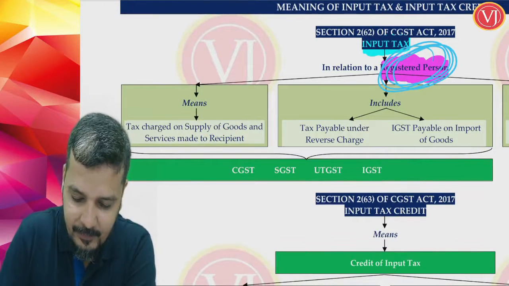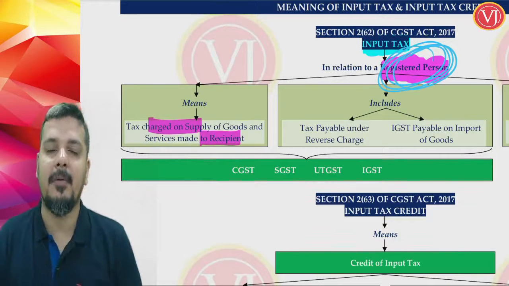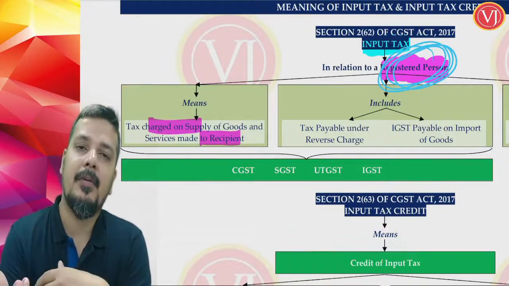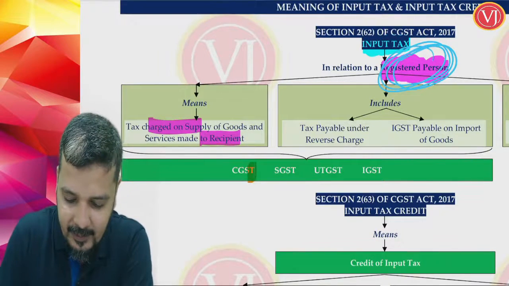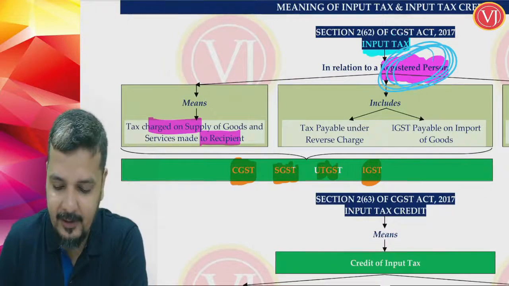Which means Mr. A of Tamil Nadu giving me certain goods or services, or Mr. B of Maharashtra giving me certain goods or services, whether they are charging CGST plus SGST, CGST plus UTGST, or CGST plus IGST, I can take the credit.